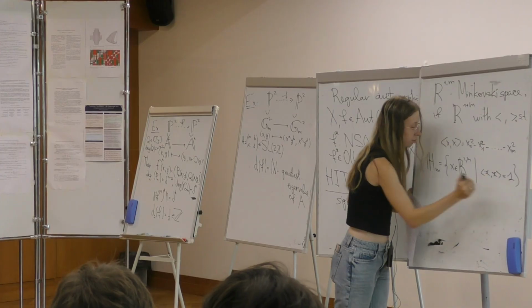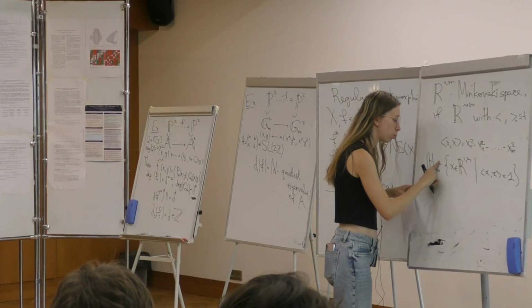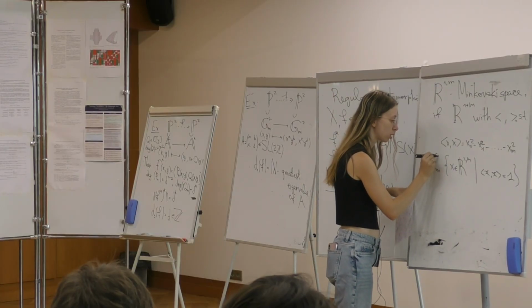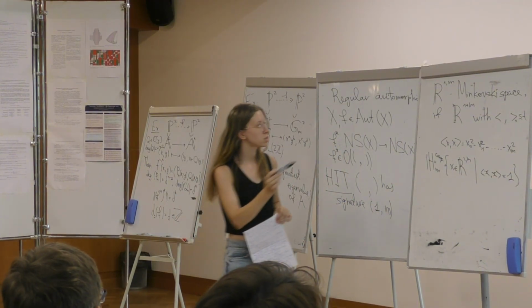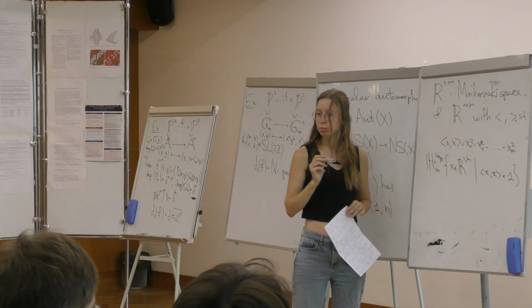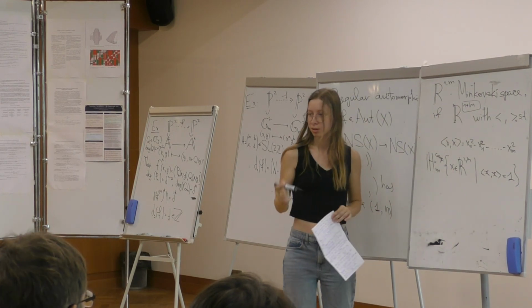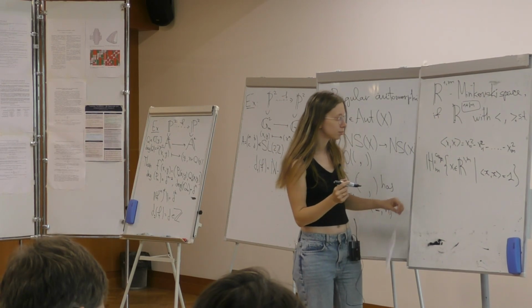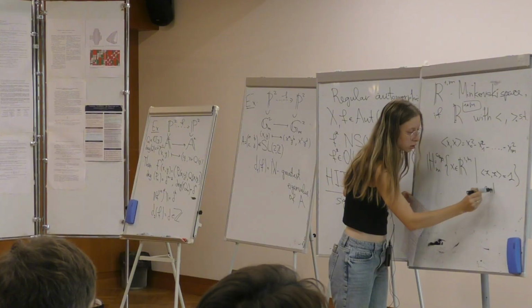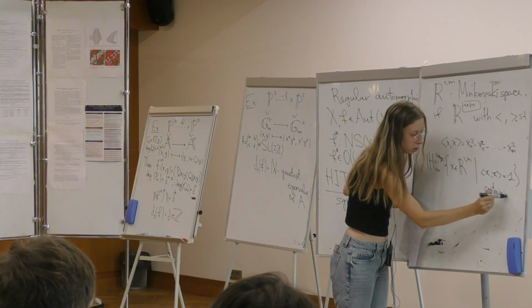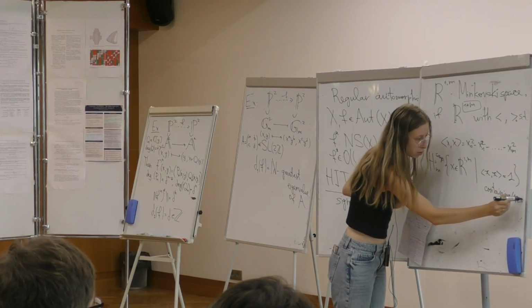So in fact, we have two components of this hyperboloid, but we take only one of them: the component of this hyperboloid which contains the vector (1, 0, 0).